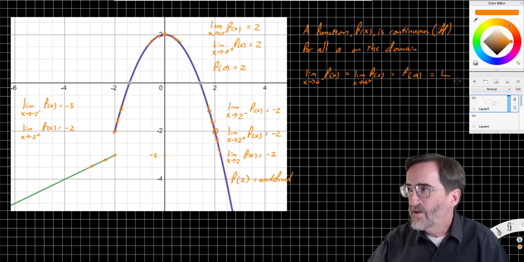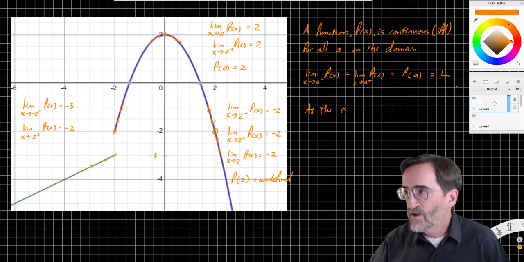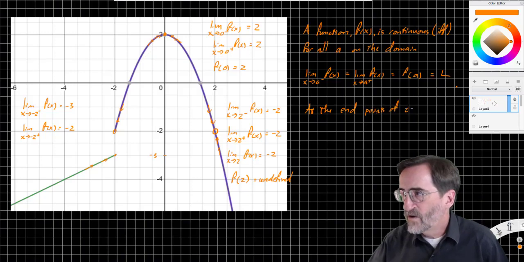Okay. Now there is one exception, at the endpoints. Let's say we want continuity on a defined, limited domain.